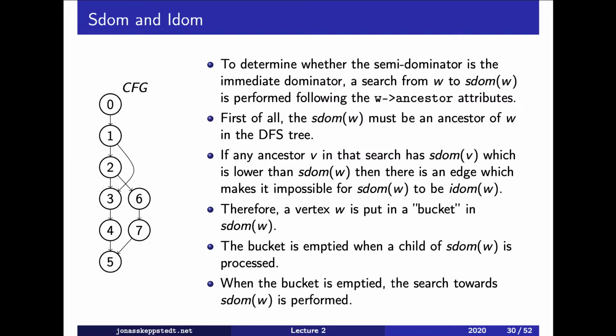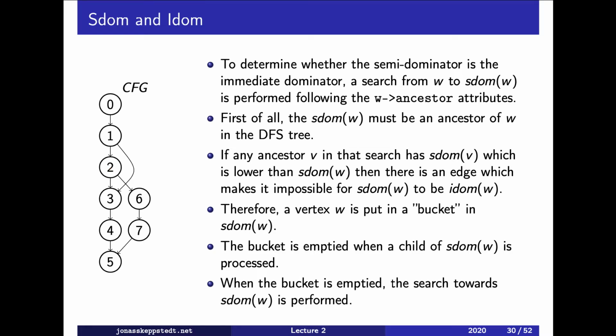For instance, we are interested in finding out if 2 is the immediate dominator of 5. As an example, we do that by searching from 5 up to 2 at some moment in this algorithm.